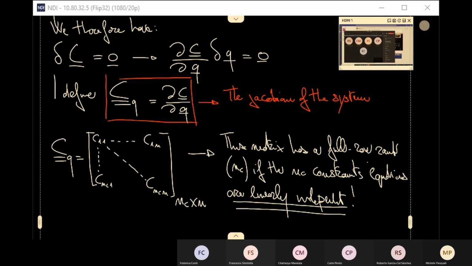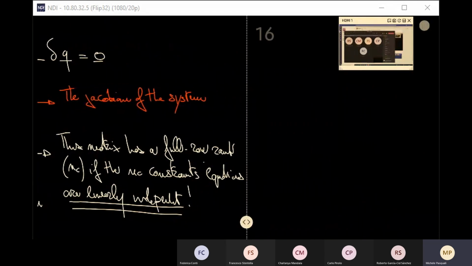Okay, this is obvious. So the last passage is the following, and then we're done.